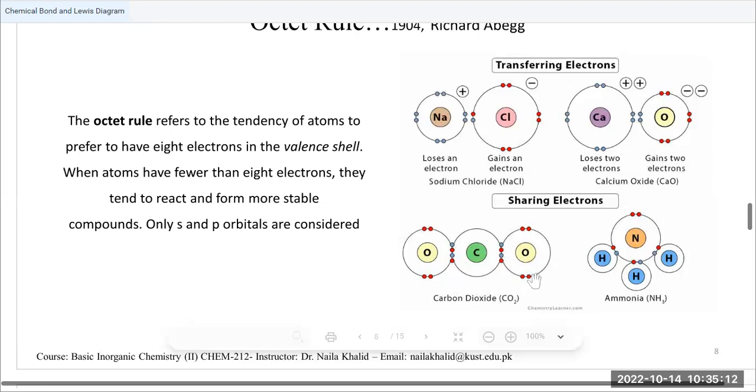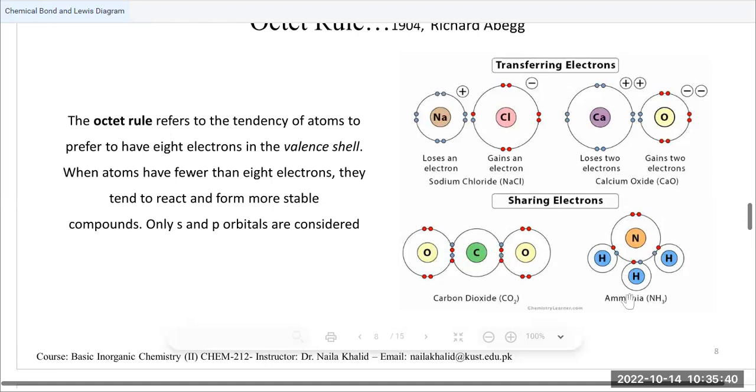Similarly, oxygen needs only 2 electrons. So after sharing of these 2 electrons, it is also satisfying the octet, the valence shell. So that is why the octet rule is followed even if the electrons are shared or if they are transferred. A bond is formed between the two atoms either by sharing or by transfer.